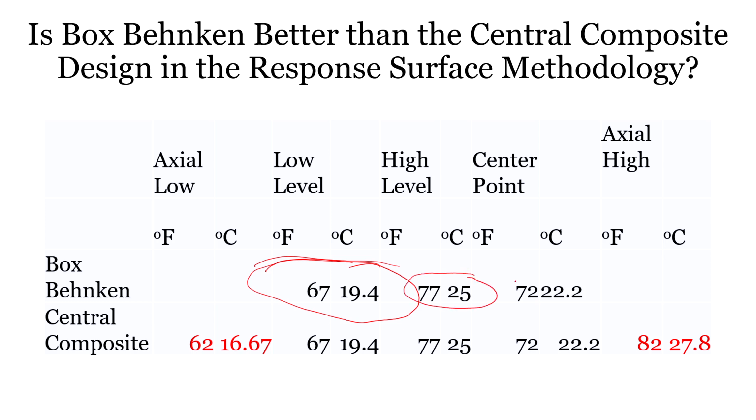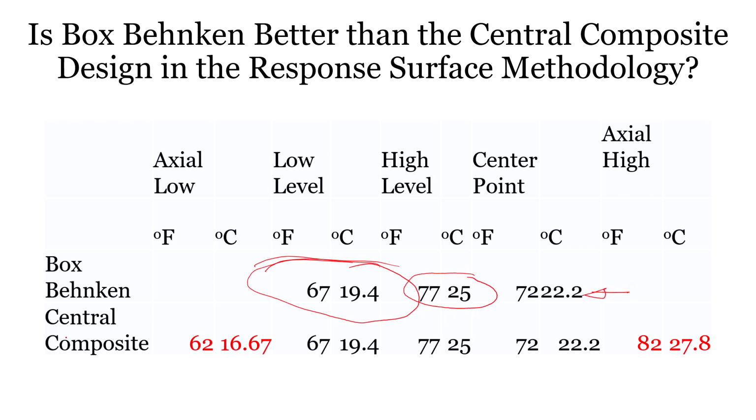And then we add a level in the middle, the center point, to design the Box-Behnken design. It's very simple. Check that out if you don't know how to design it. So just add one value, center points, and done with the design.